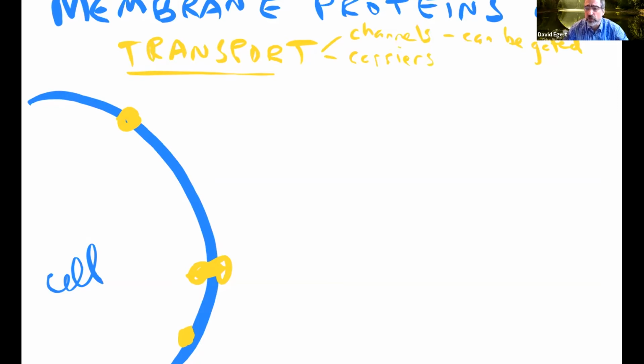These are usually for things like glucose. Sugars have to use carriers to get in and out of the cell. Things like amino acids need carriers too. Things still follow their diffusion gradient, but they're rate limited. That's where we get facilitated diffusion.